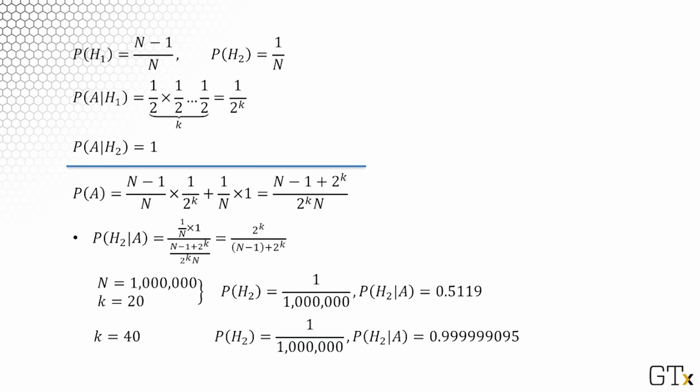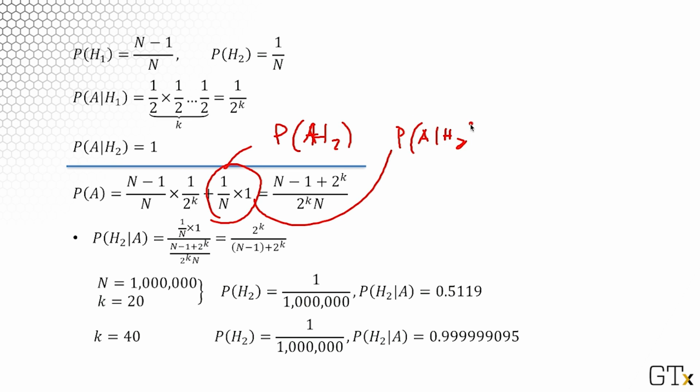Now, the Bayes formula. You are interested in the probability of H2 given A. The probability that you selected the two-headed coin if it came heads up k times in a row. Well, you take the probability of H2 and the probability of A given H2, and you plug this into the Bayes formula on the top.